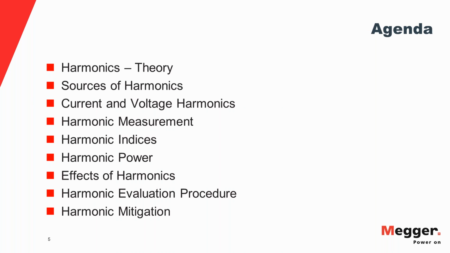So today's agenda, the points that we are going to cover during today's presentation: we are going to start off with a little bit of theory on harmonics, then move into the sources of harmonics, how harmonics are generated. Then we're going to get into the third section, which is current and voltage: what are current harmonics and what are voltage harmonics. We're going to look at how harmonics are measured, and what harmonic indices, THD and TDD, mean.